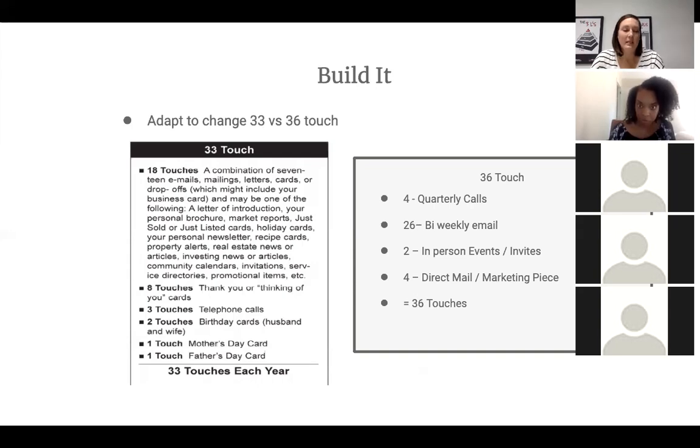That can very easily be our neighborhood nurture email. 2 in-person events a year, or invites to an in-person event. Right now, a lot of people are doing digital. Yes, that counts too. And then 4 direct mailers or marketing pieces.